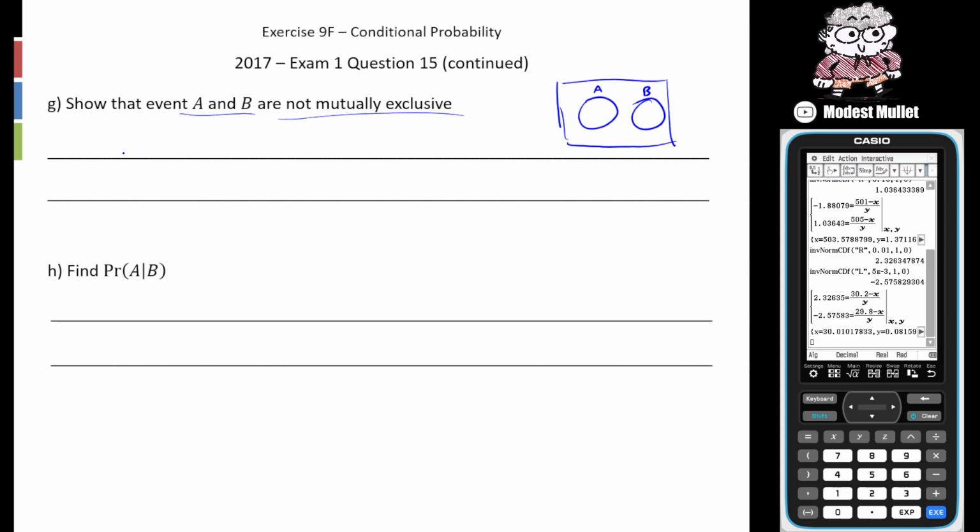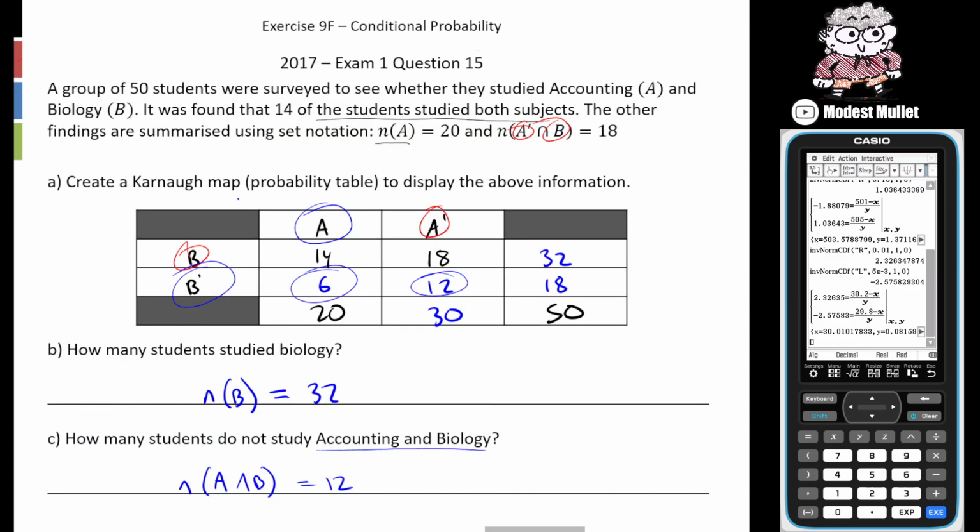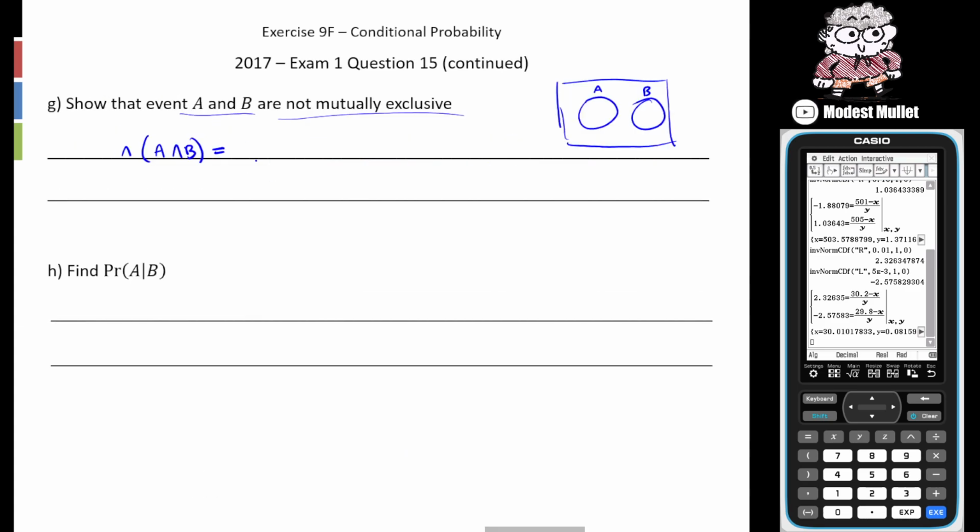So we want to have a look at the overlap, and in our case, A intersect B is equal to 14, which does not equal 0. So there is some overlap. Therefore, they are not mutually exclusive, because to be mutually exclusive there can't be any overlap.